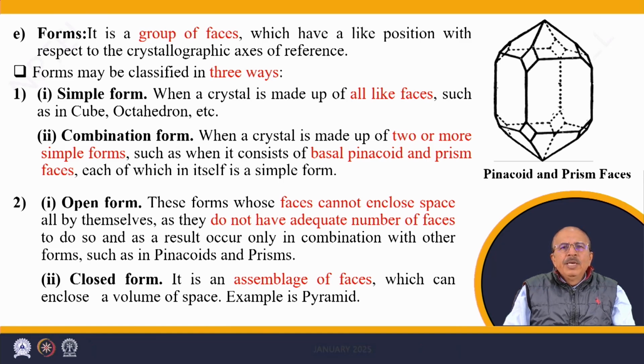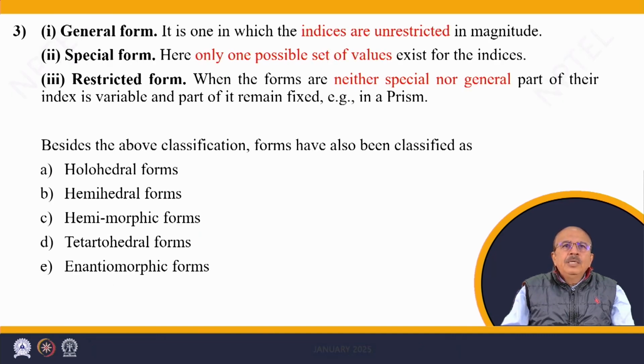Closed form is an assemblage of faces which can enclose a volume of space, and the best example is the pyramid. The third category is the general form, special form and restricted form. General form is one in which the indices are unrestricted in magnitude. Special form: here only one possible set of values exists for the indices.